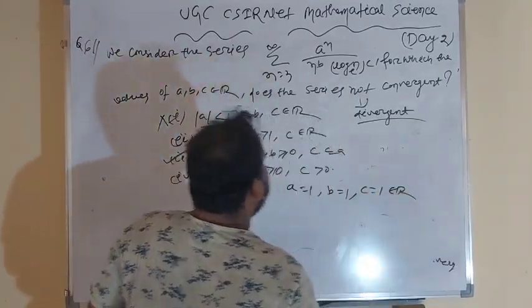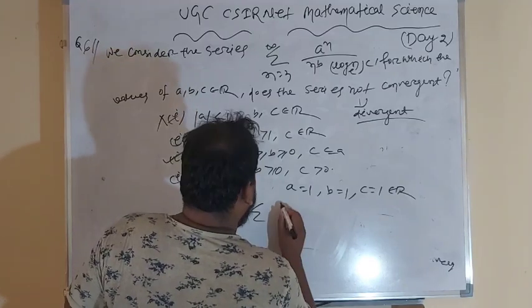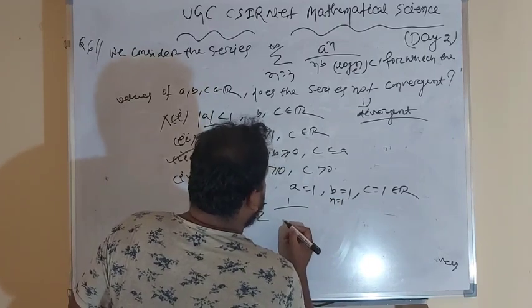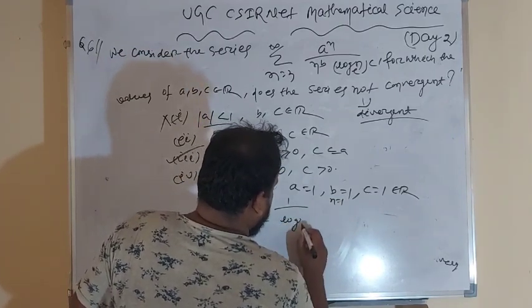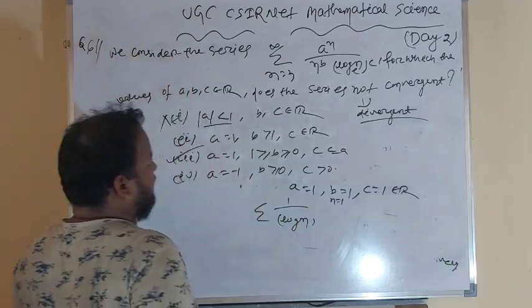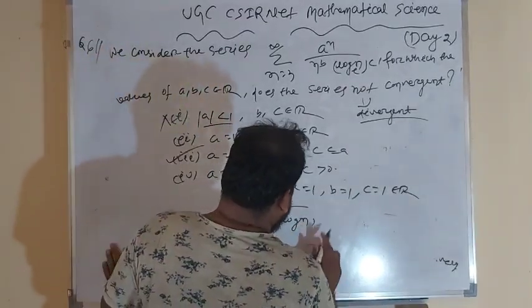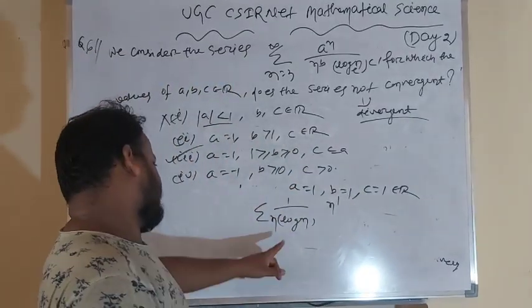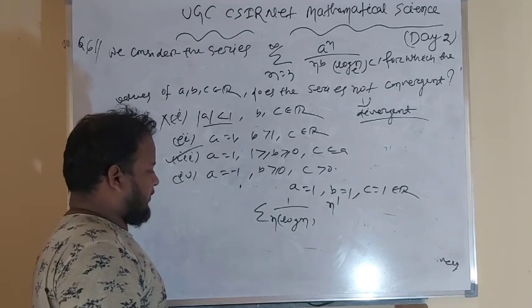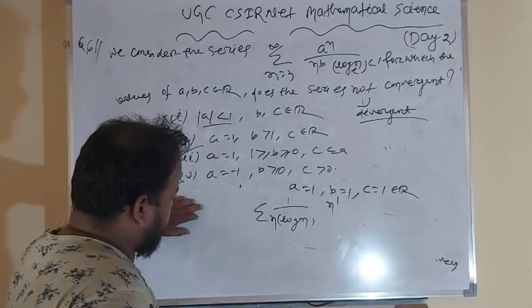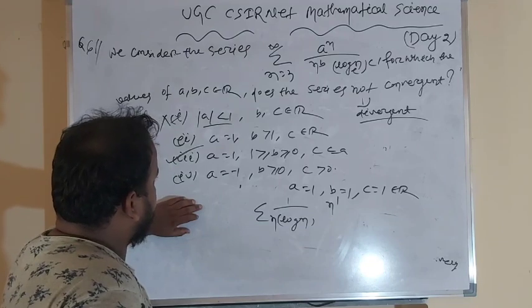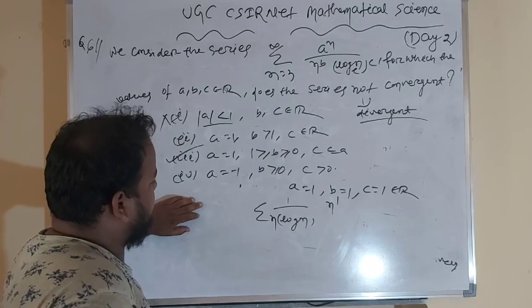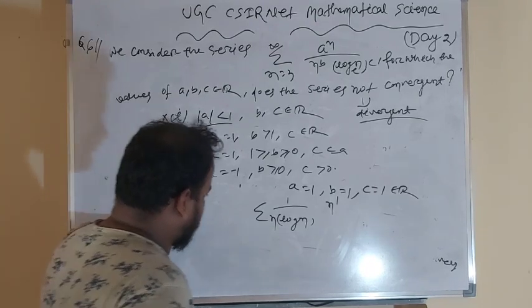Then the summation is 1 over n to the power b, log n, so it becomes 1 by n log n. Is this series convergent or divergent?